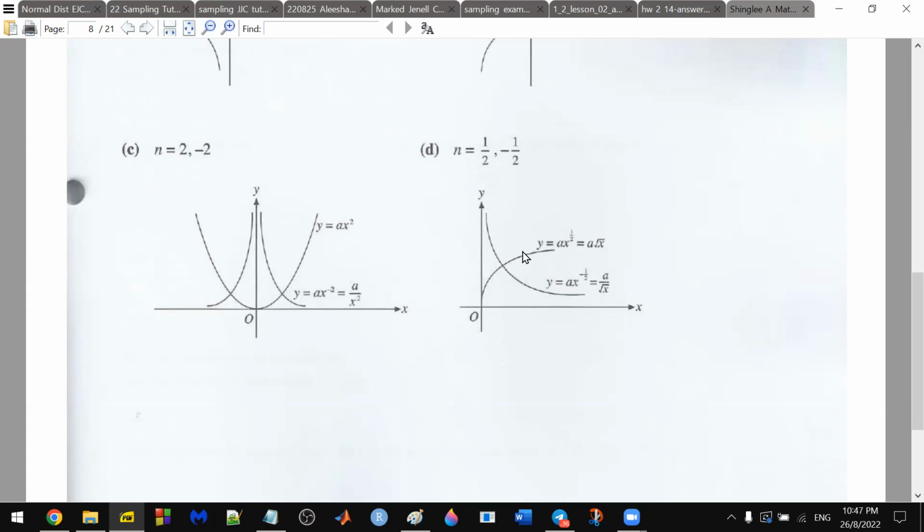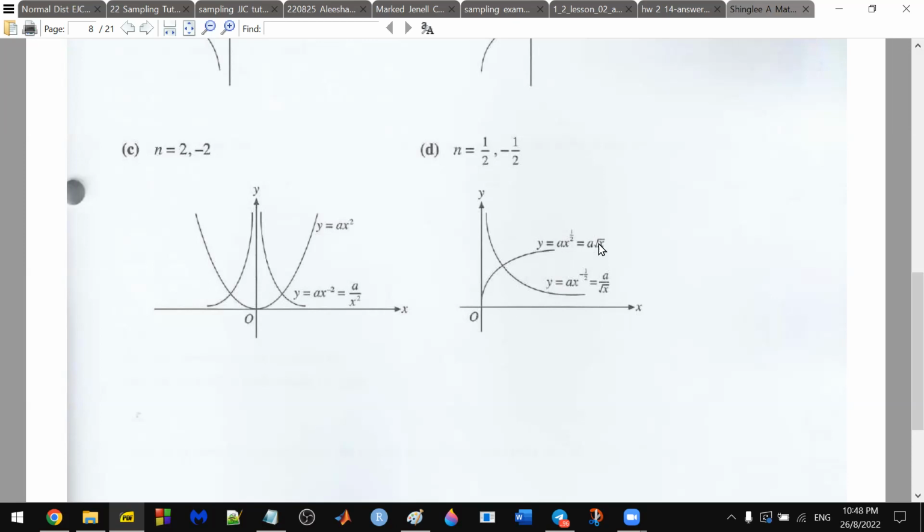Good. Next one, part D. You got power half, power -half. Power half is really just square root x. This is how the graph looks. It curves upwards like that. I hope you can see my mouse. But for a over square root x, you just have to flip it around. If x gets closer to 0, a over square root x means 1 over a very small number. 1 over a small number will make you big, 1 over big will make you small.